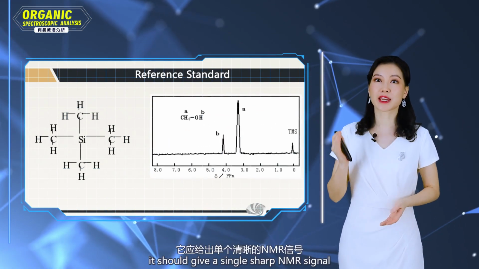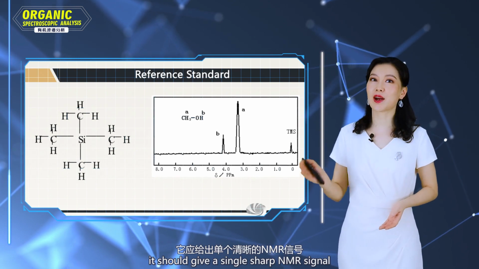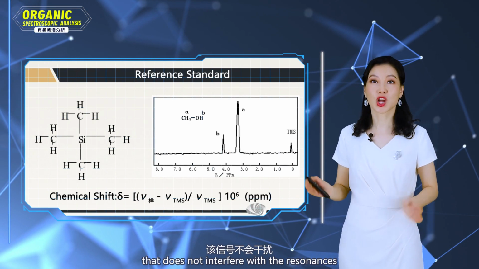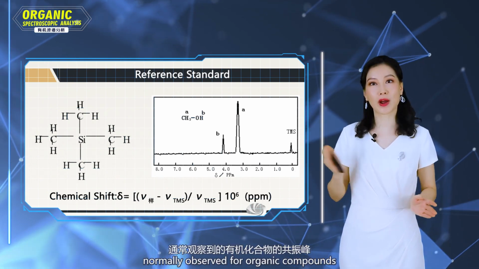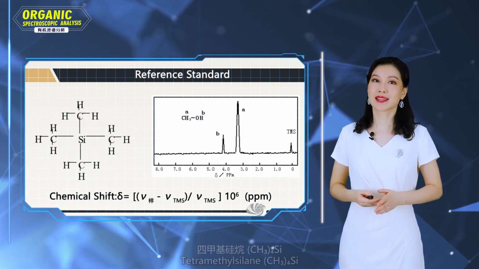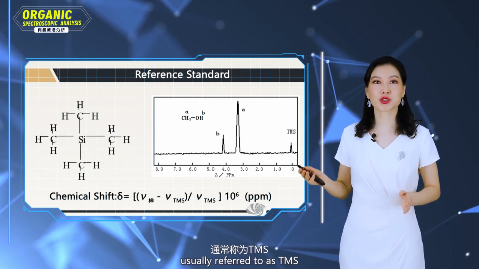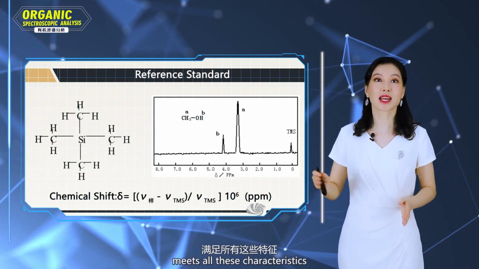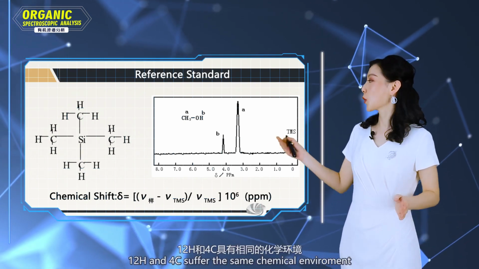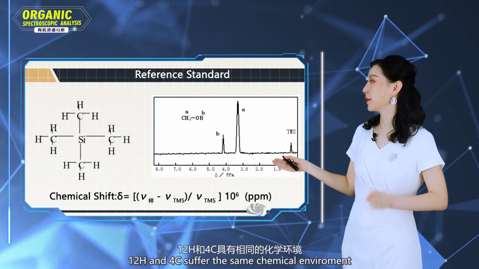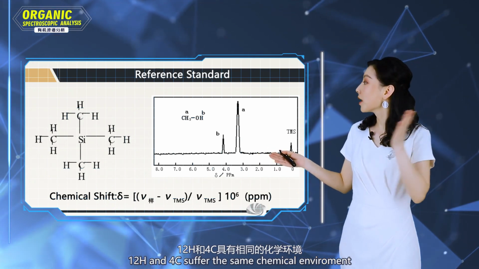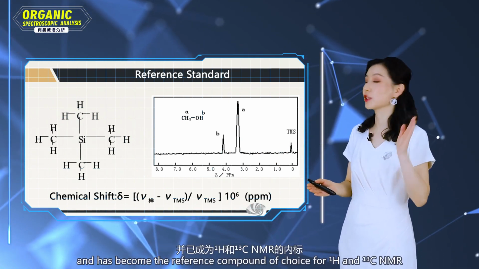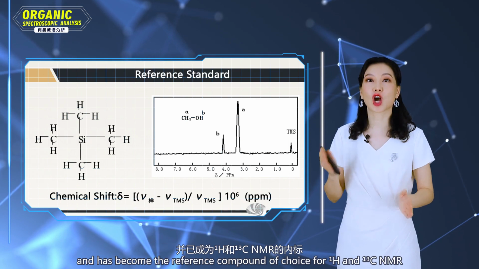Also, it should give a single sharp NMR signal that does not interfere with the resonances normally observed for an organic compound. Tetramethylsilane, usually referred to as TMS, meets all these characteristics. Its 12 hydrogens and 4 carbons share the same chemical environment, and it has become the reference compound of choice for hydrogen and carbon NMR.